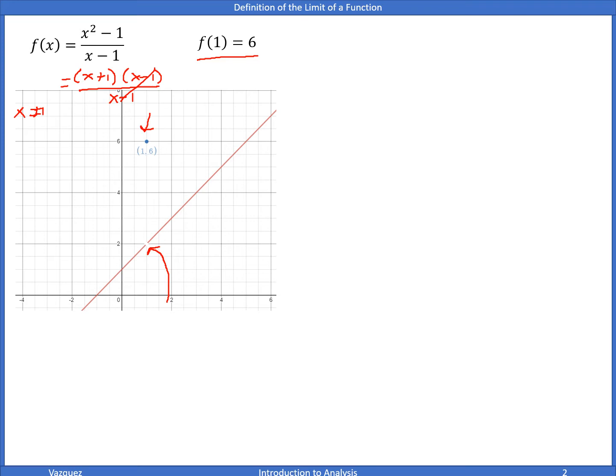The reason I'm doing that, you might think, why don't we just define it as f of 1 equals 2? Well, I'm just defining it to make a point. In this case, to take the limit, if you've seen in calculus, as x approaches 1, we know the limit exists, right?